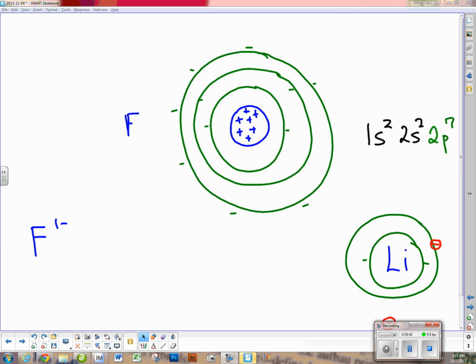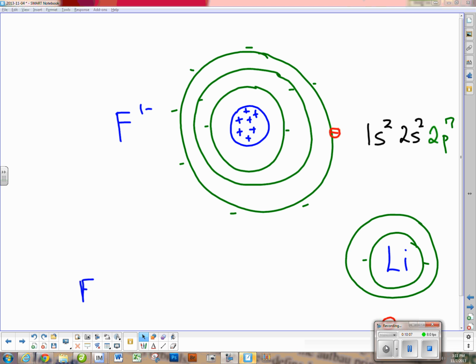Now, fluorine, the ion, does something very interesting. If lithium comes along, he can provide another electron, and he goes positive. And now fluoride, the ion, has another electron, but he doesn't have any more protons.